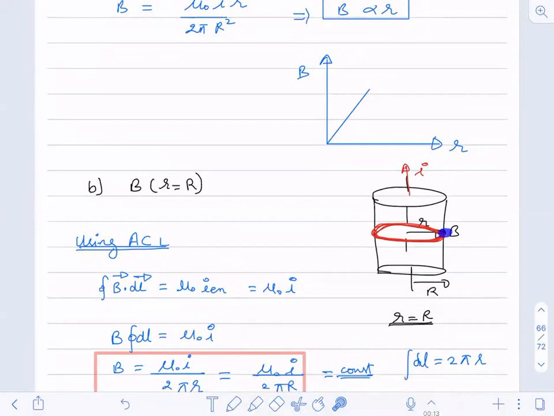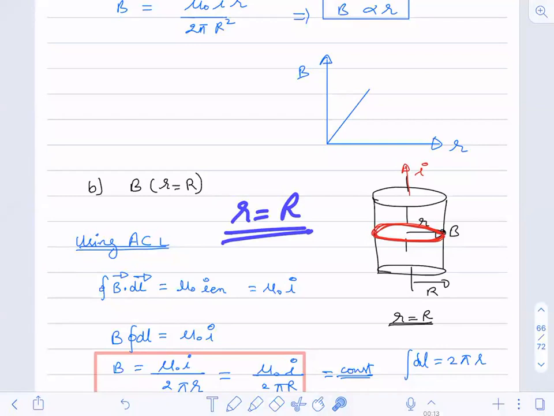If this is a distance small r, is it equal to the radius? Yes. So that's why I'm saying when the point is taken on the surface, small r becomes equal to capital R. That's why I have put r equals capital R.